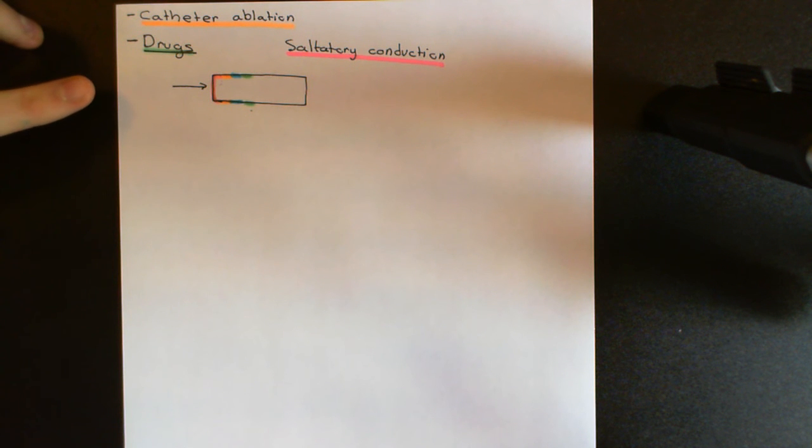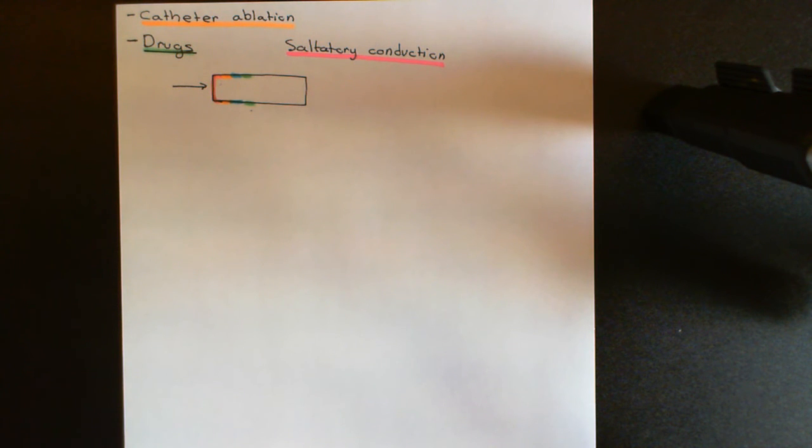Slow down the conduction of action potentials in the AV node. That will then mean that the maximum rate at which electrical signals can be propagated from the atria to the ventricles is reduced. Therefore, even if the atria are contracting at a massive rate, with massive rates of electrical signals propagating through them, not all of these are going to be conducted to the ventricles.